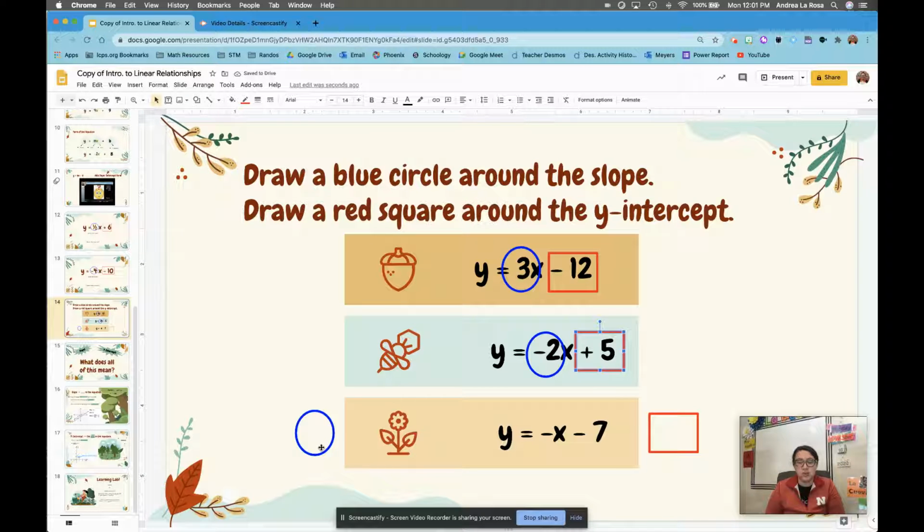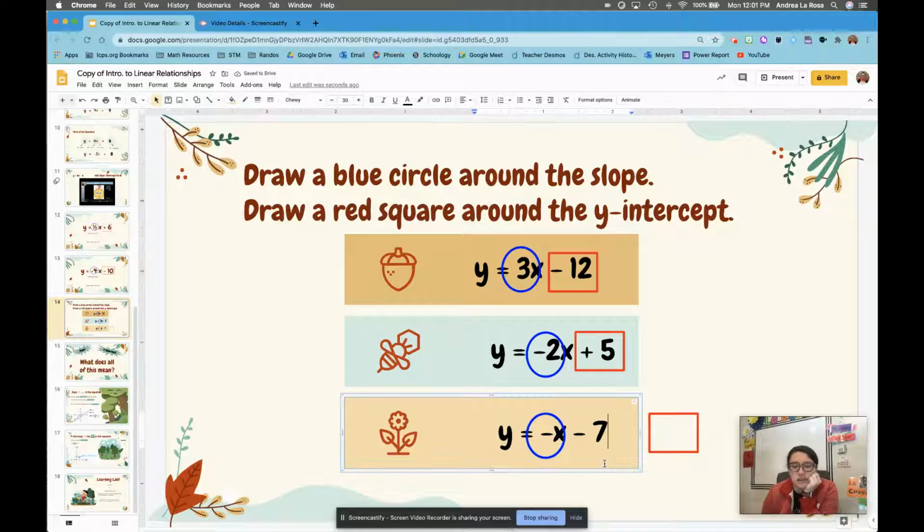And then my last one, this last one's tricky with the slope. It says -x, but I need the number that's in front of that x. What number do you think is imaginarily there in front of that x?